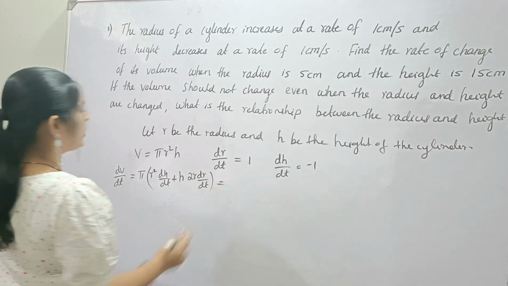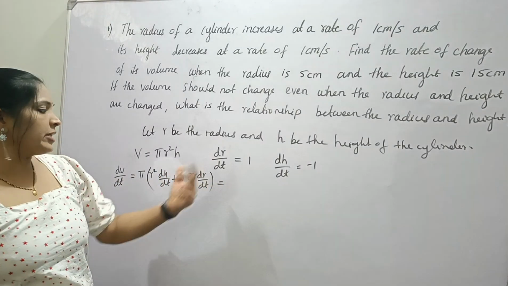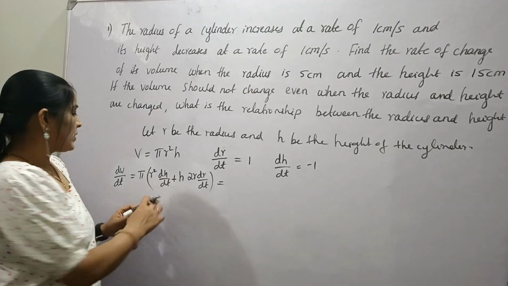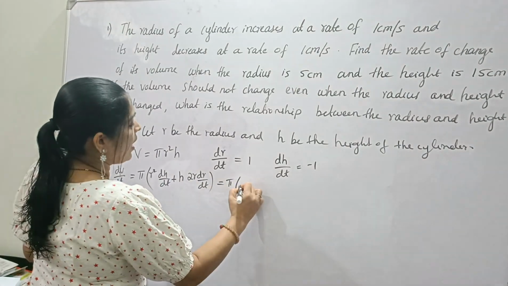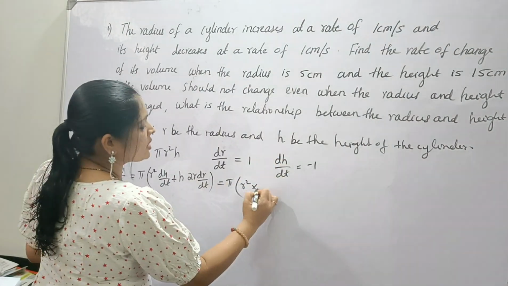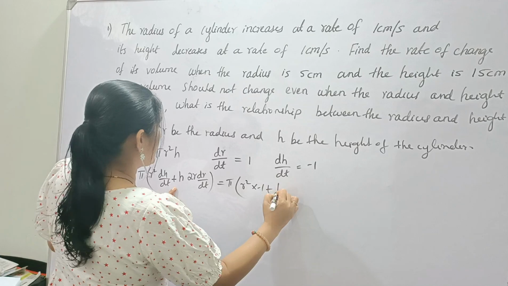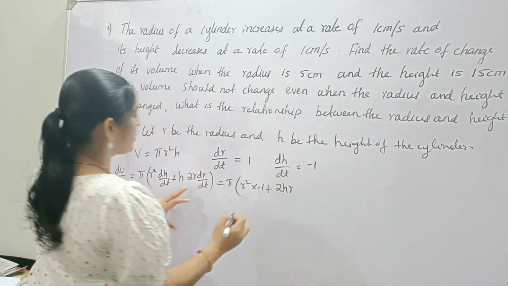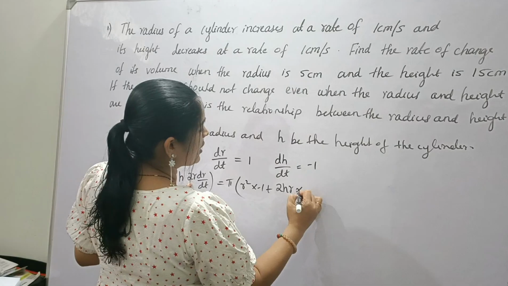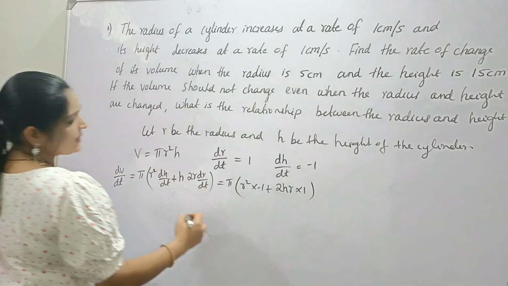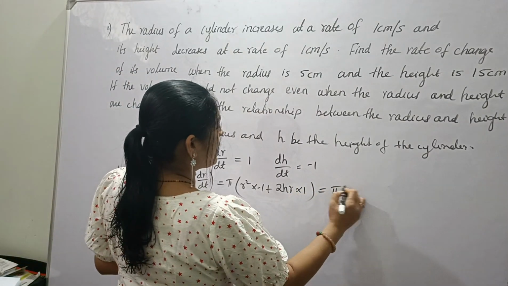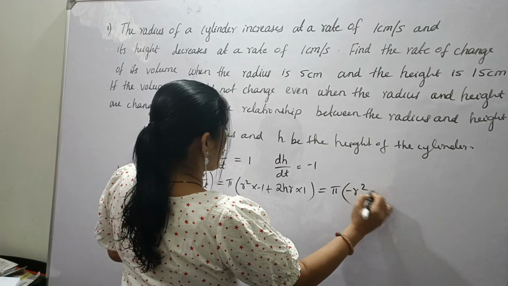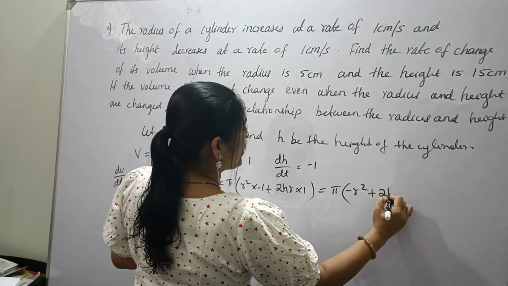Now substitute the dh by dt and dr by dt values. So pi into r square times dh by dt, which is -1, plus 2hr into dr by dt, which is 1. That is equal to pi into minus r square plus 2hr.